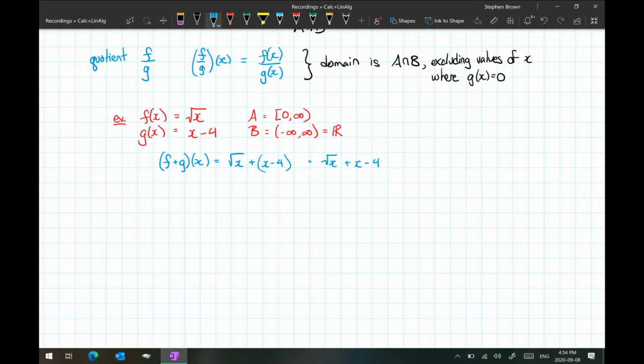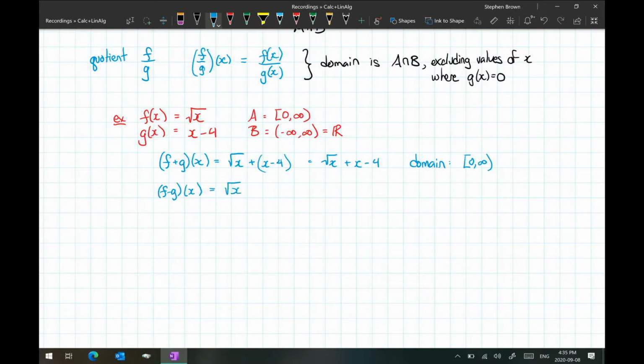So the domain of this function, or the two functions added together, ends up being from 0 to infinity because f of x causes a restriction on the domain, even though B is all real numbers. And it's very similar for subtracting, but then of course you just have to be a little bit more careful about distributing a negative sign.